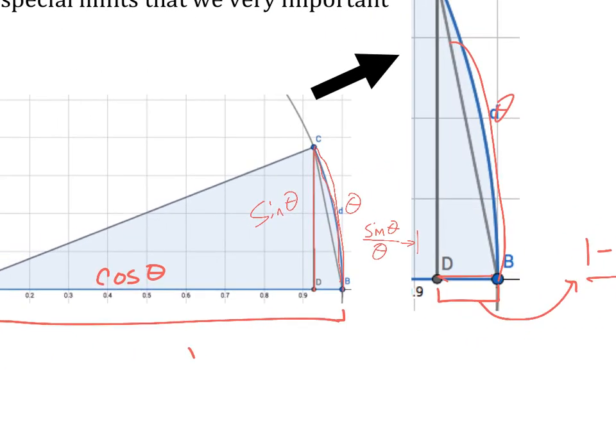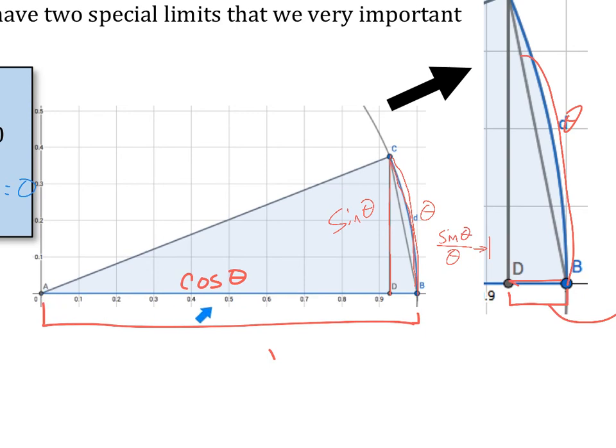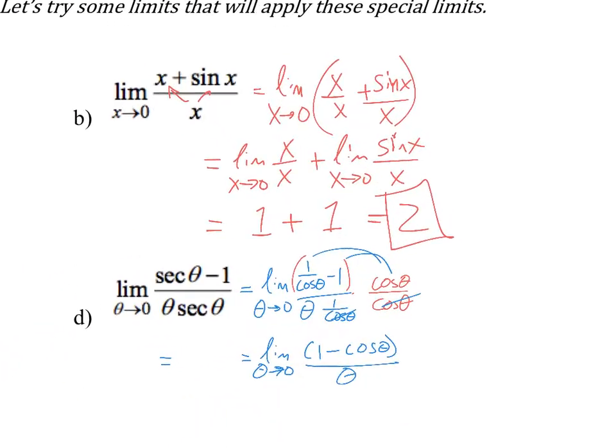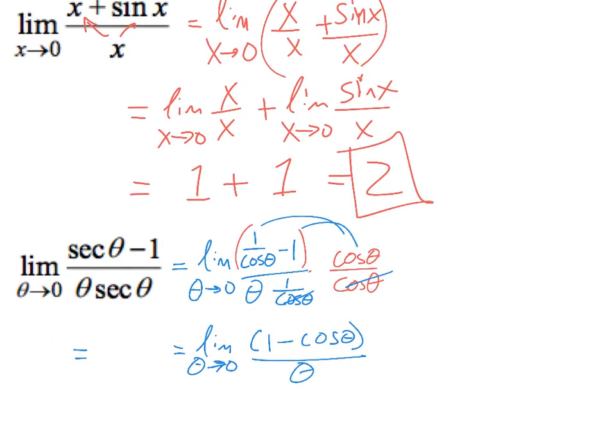A little easier to see there physically, because this distance is 1, this distance is cosine, so this is 1 minus cosine. But the point being, this little bit is going to 0 over theta. That little bit is disappearing. So it doesn't matter which way it is. If you want to factor out a -1, you could do that to make it look exactly the same. But we know that's going to 0.